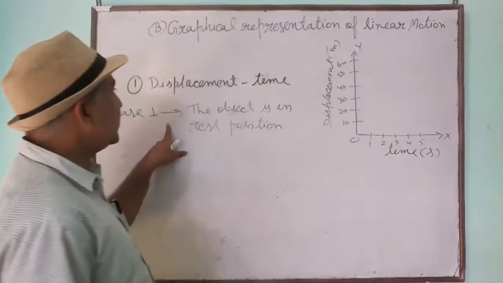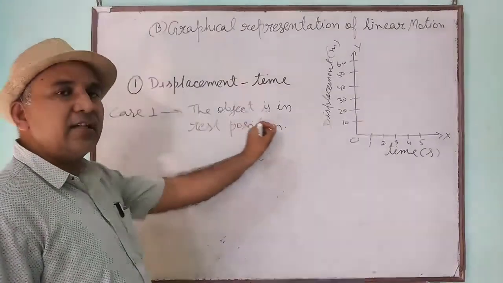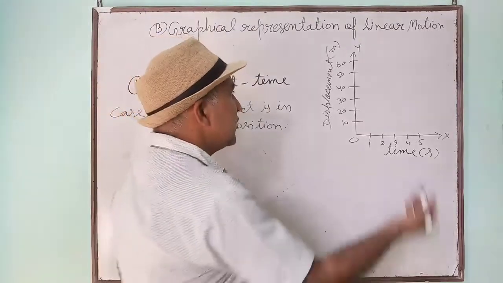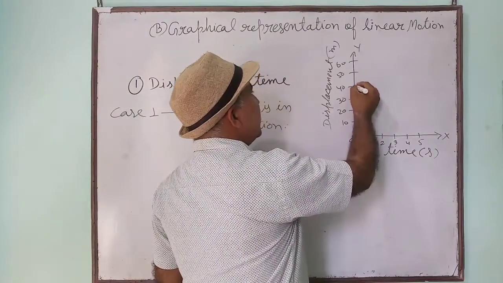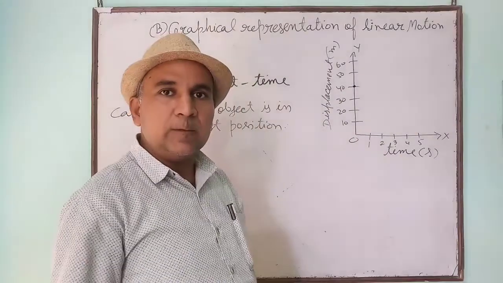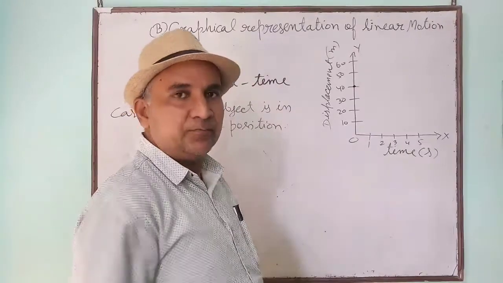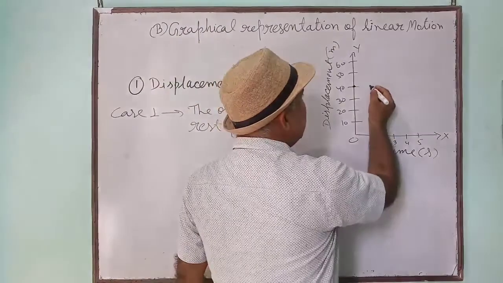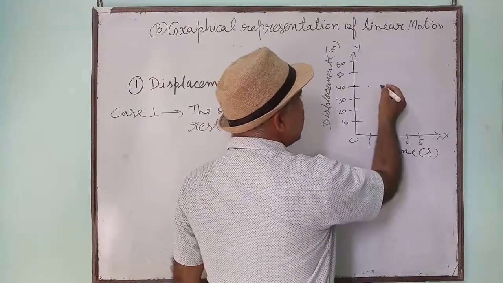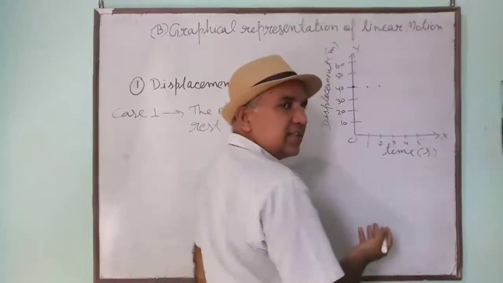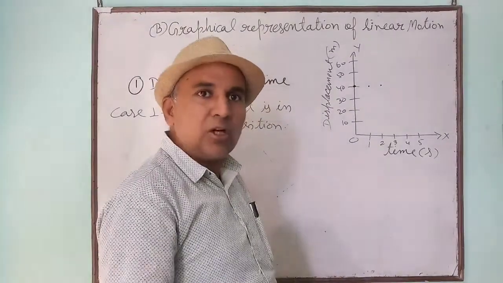Now, the first condition is the object is in rest position. Suppose the object is somewhere here. Suppose at 40 meter we are keeping. The object is here and it is in the rest position. After 1 second, again the object will be at the same place. After 2 seconds, again the object will be at the same place because the object is not in motion.